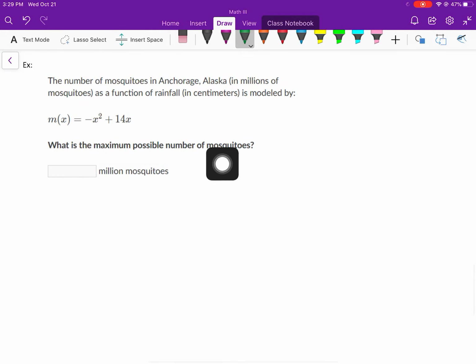Here, what is the maximum number of mosquitoes? So now we need to actually plug it back in. So this is asking for the vertex, but not just the x-coordinate, but the y-coordinate. It's asking for the actual maximum here. So let's start with our x-coordinate. Same formula.